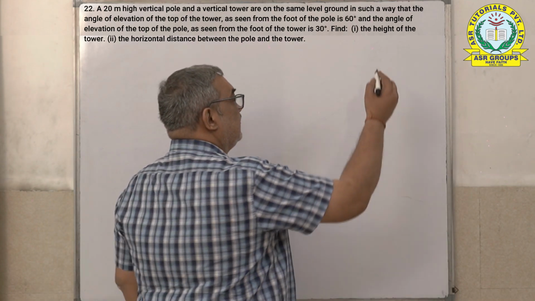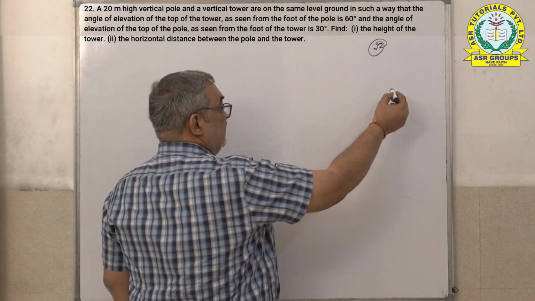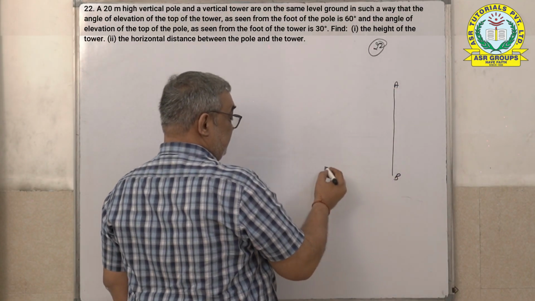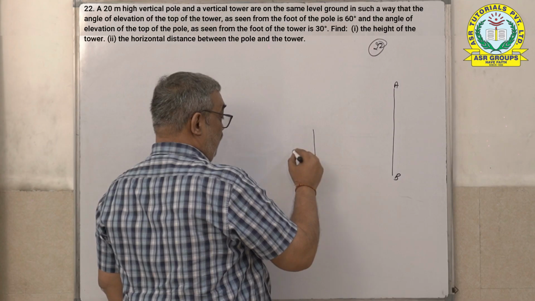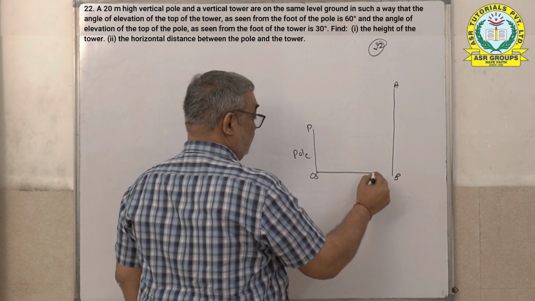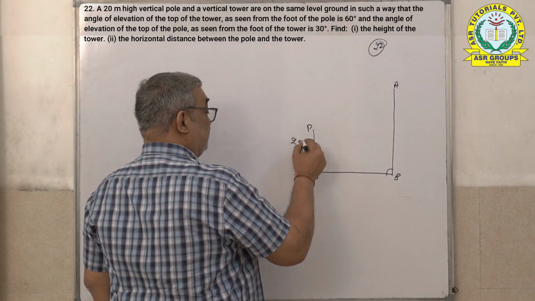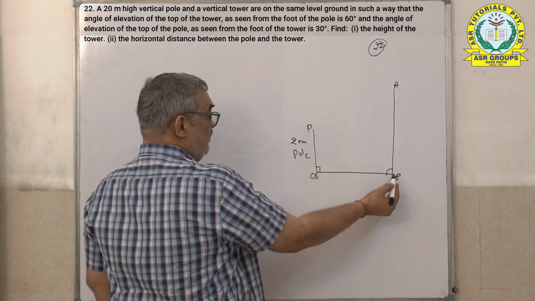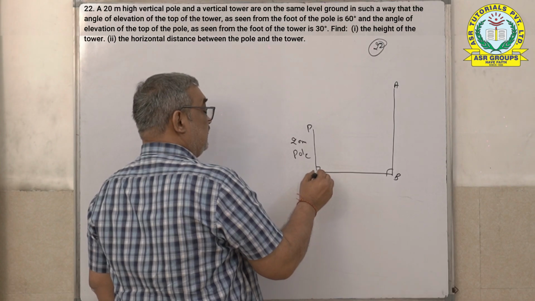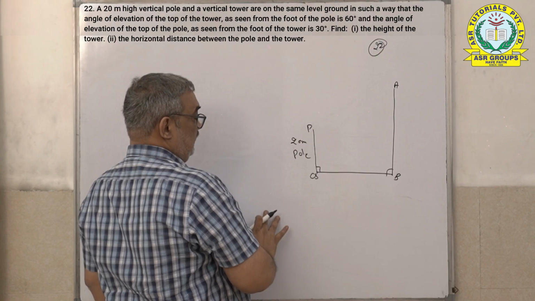Sum number 22. This is a tower. This is a pole. Pole is 20 meter. From the bottom of the tower, this is the bottom of the tower, bottom of the pole.